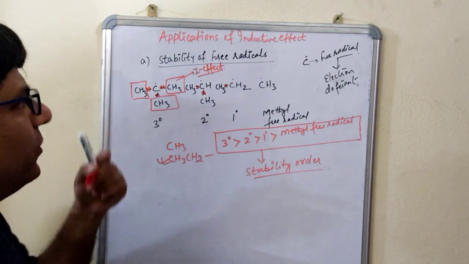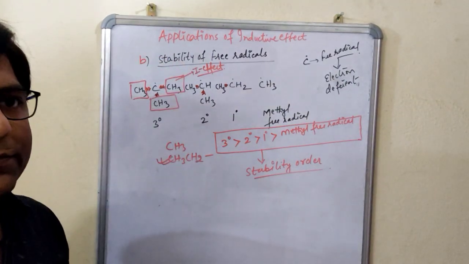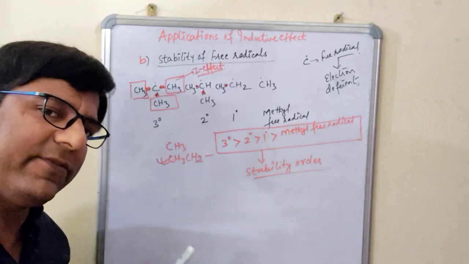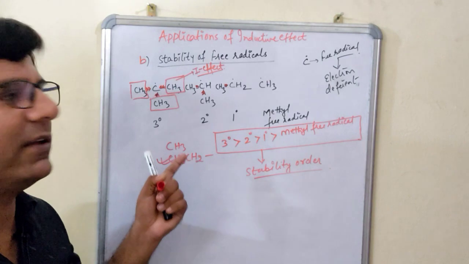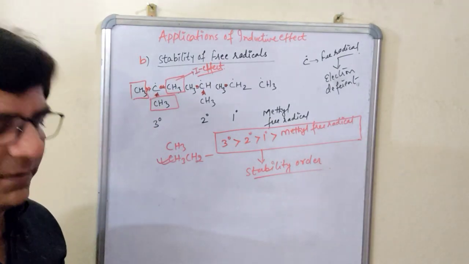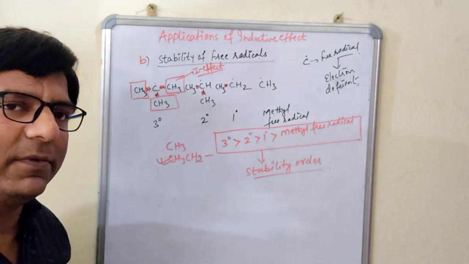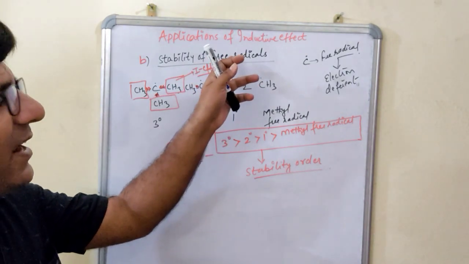In the same way, as I told you, this is the second application. Okay. So first, if you understood the first application, you will understand the second applications, right? Because both are the same. Only the intermediates are different. These are all the reaction intermediates.